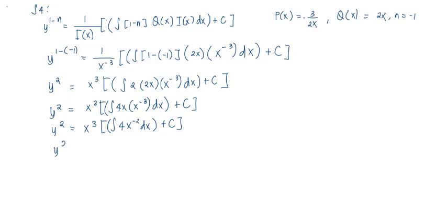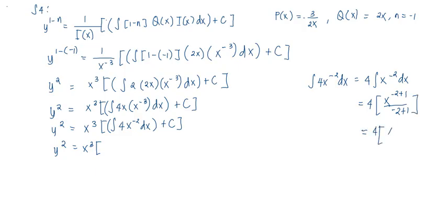And then we could get the value for the integral of 4x raised to negative 2 dx, which is, we just factor out 4, and the integral of x raised to negative 2 dx is just 4 times x raised to negative 2 plus 1 over negative 2 plus 1. So we would have 4 times x raised to negative 1 over negative 1, which is now negative 4 over x. So negative 4 over x here, plus c.